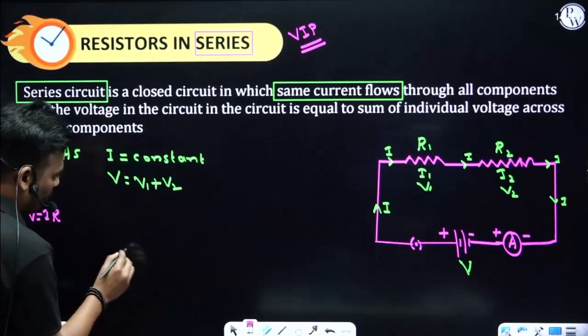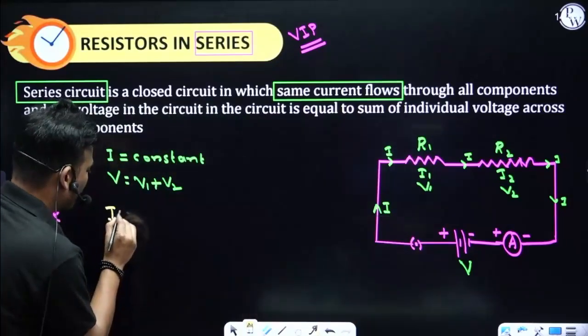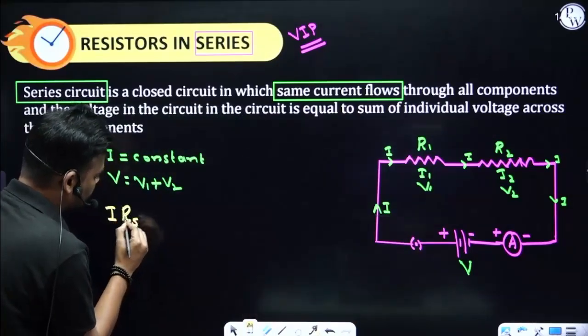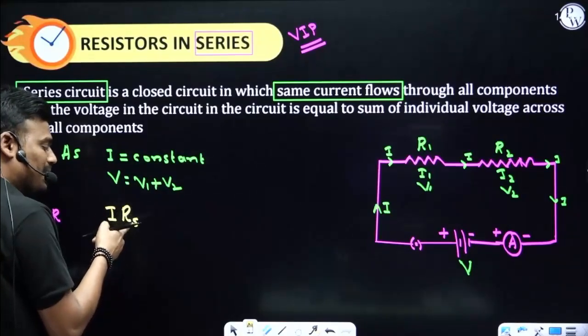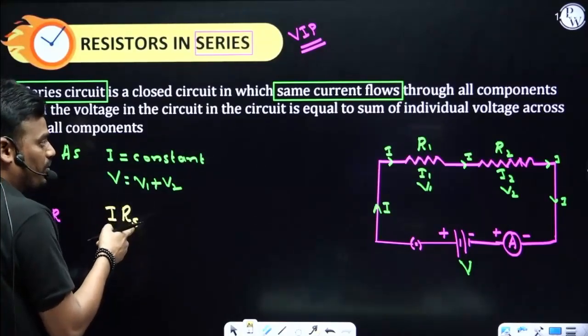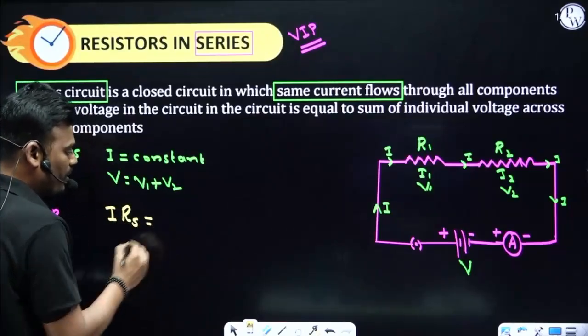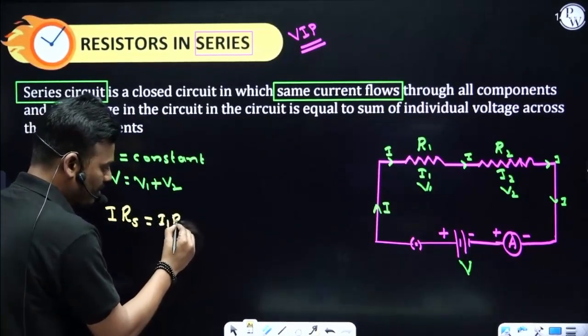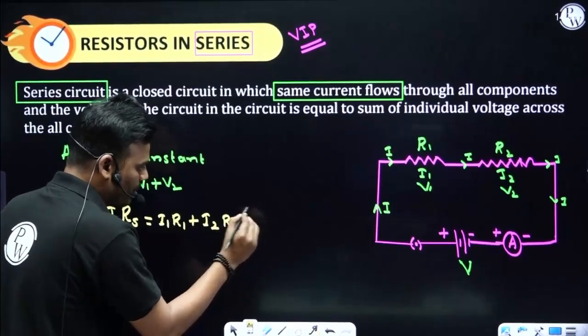Here V means I into Rs, where Rs is the resistance of the resistors in series combination. V1 means I1 R1 and V2 means I2 R2.